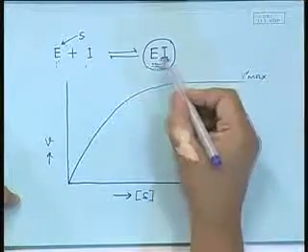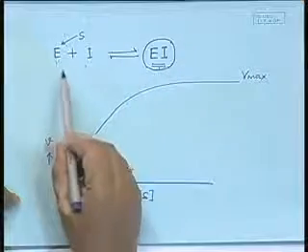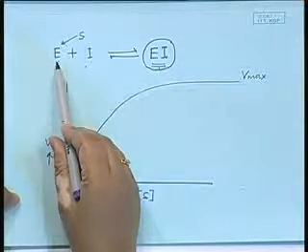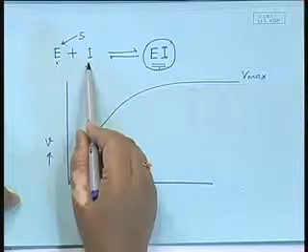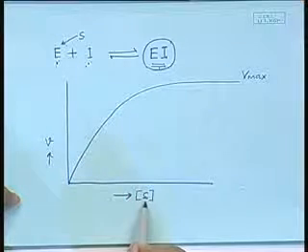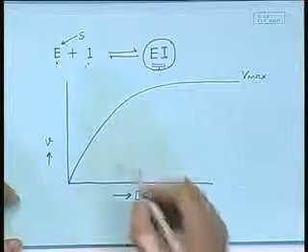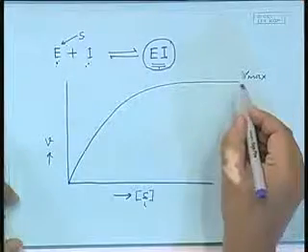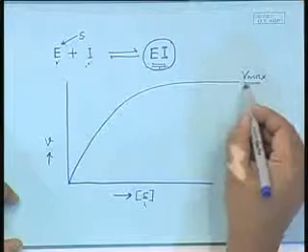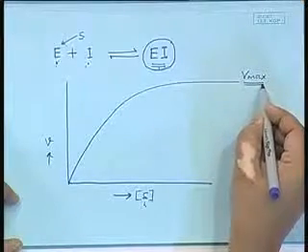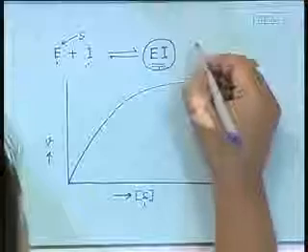So, I can have free enzyme dissociated from the inhibitor. So, if I add a large amount of substrate, I can have the enzyme actually reach the same value of Vmax. What do I mean by that?